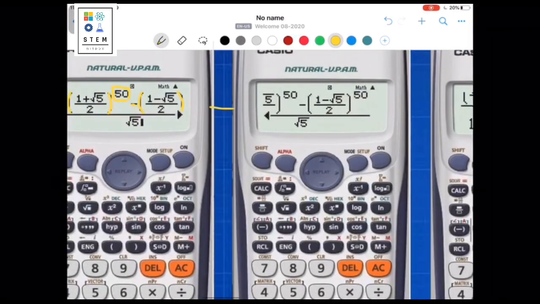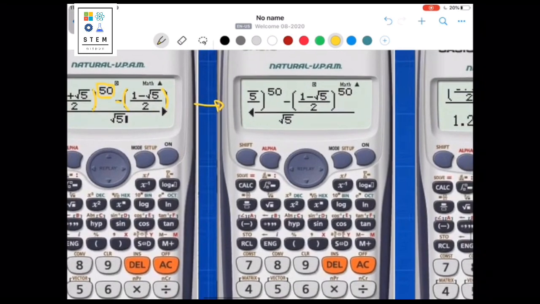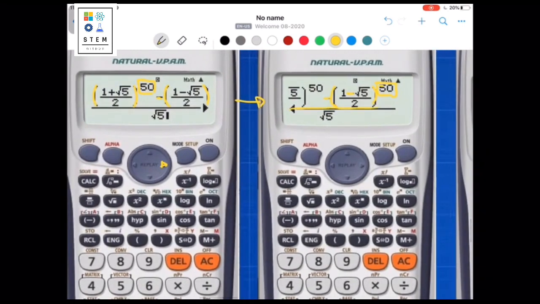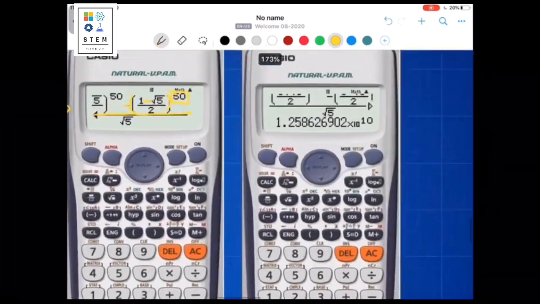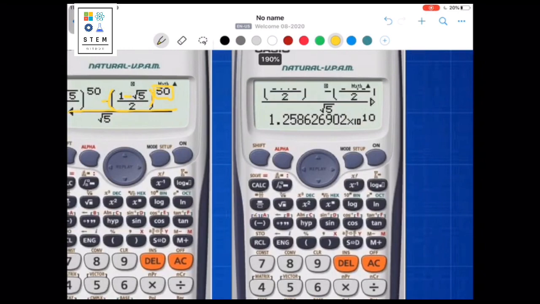Hindi kasya sa isang screen, so pindutin nyo lang yung arrow. So, 1 minus square root of 5 over 2, raised to 50. Okay, all over square root of 5. So, pag pindutin nyo yung equals, ito yung lalabas na sagot.